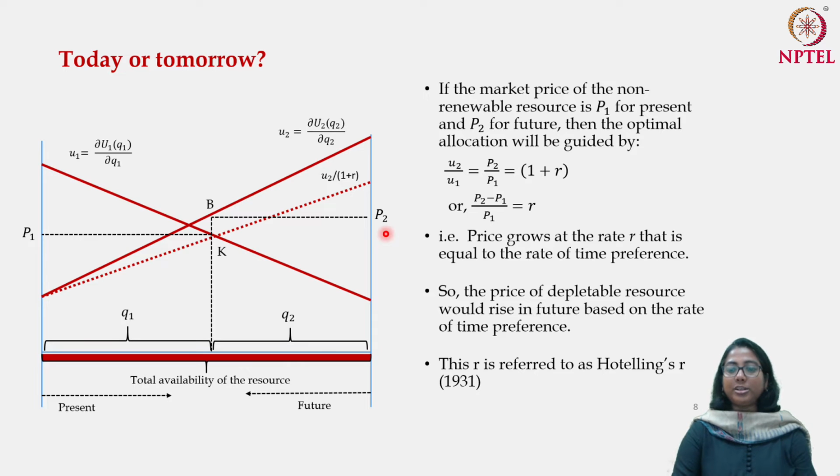If you are interested, you can go back to Hotelling's writing. Even today it is very relevant, and often this theory is used in the context of non-renewable resources to explain their depletion, the resource rent and the price. We are going to stop here with respect to the depletion perspective of the non-renewable resources.